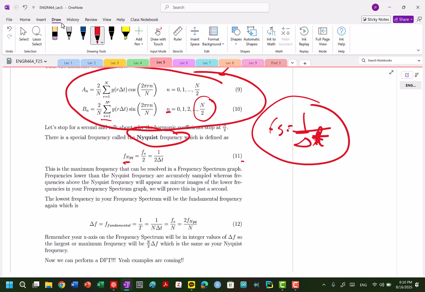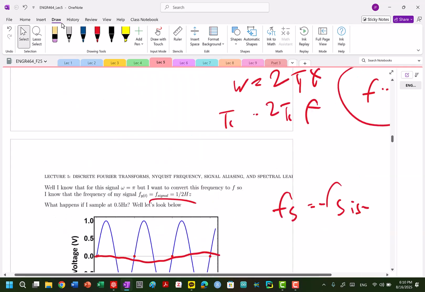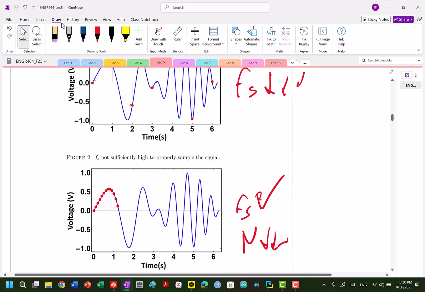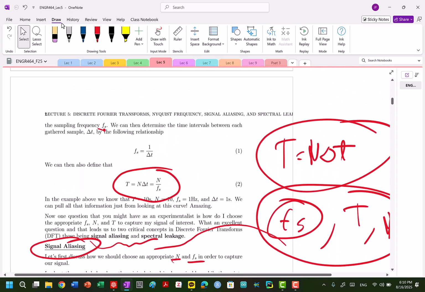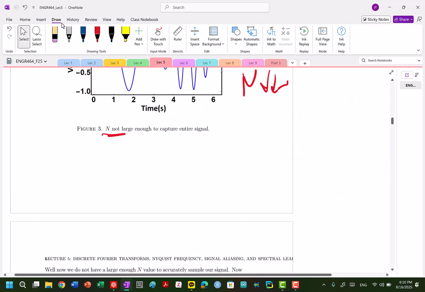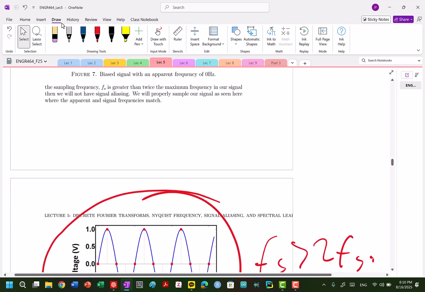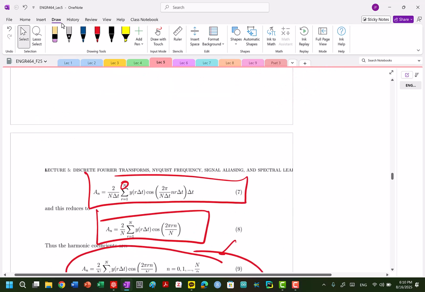Actually we had it up here. Excuse me for backtracking here. If we have our period T is n over f sub s, you can essentially rewrite that and find your Nyquist frequency as well. So we're going to go only to n over 2 because that will be that Nyquist frequency.